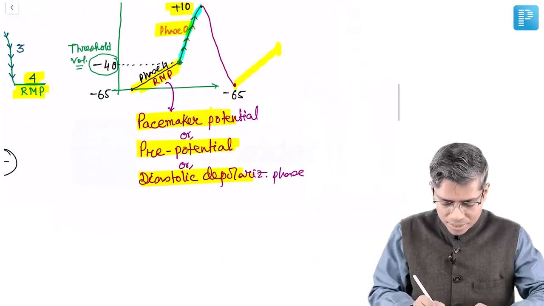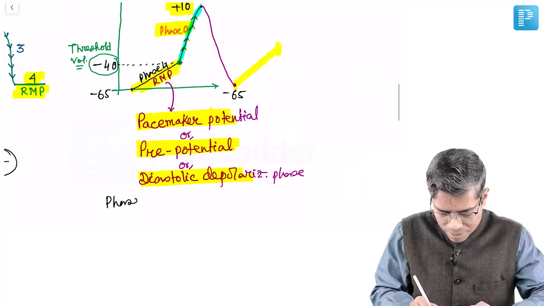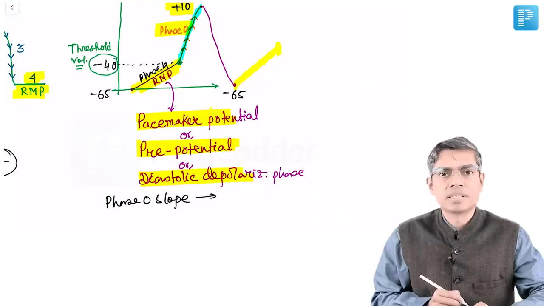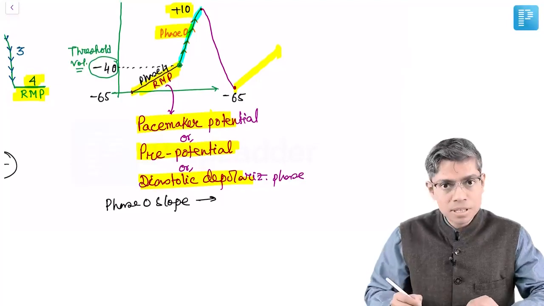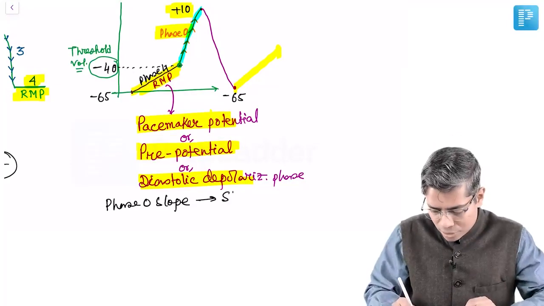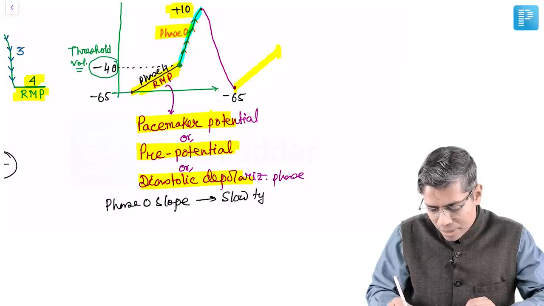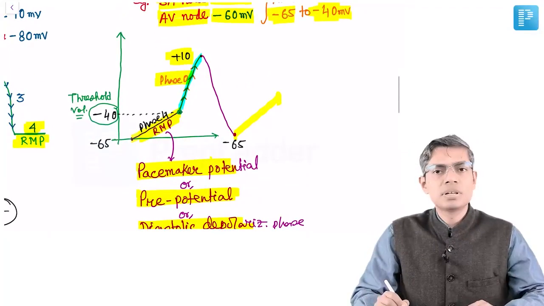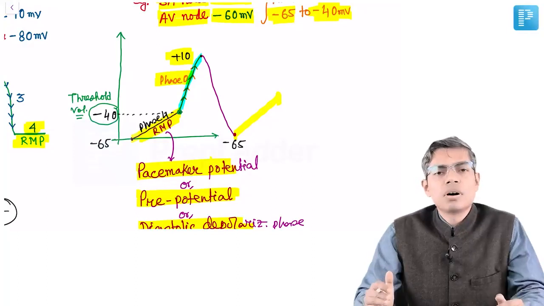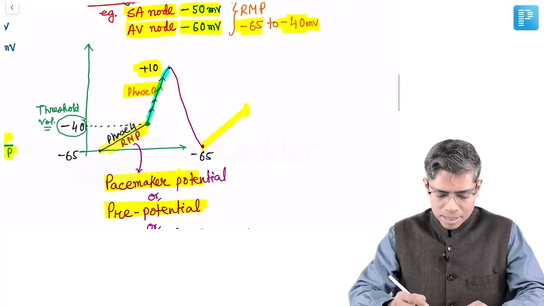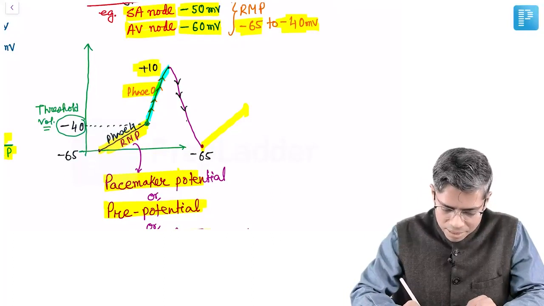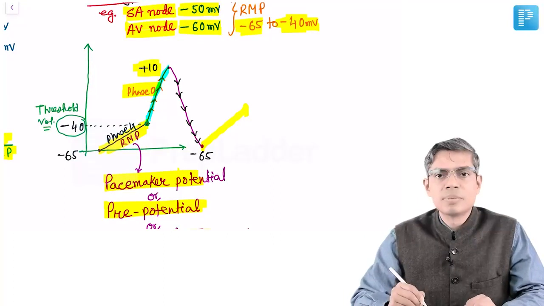But in nodal tissue action potential, the phase 0 slope is slowly rising upward. That's why this is known as slow type action potential. So this fast and slow division is based on the slope of phase number 0. Now, when phase number 0 is over, the membrane voltage returns towards the resting membrane voltage.